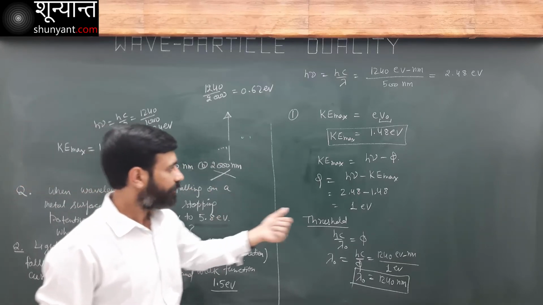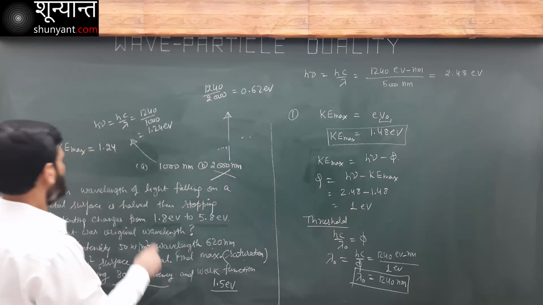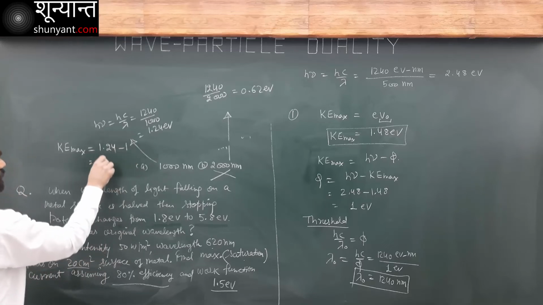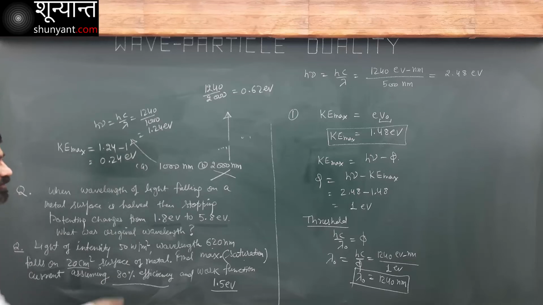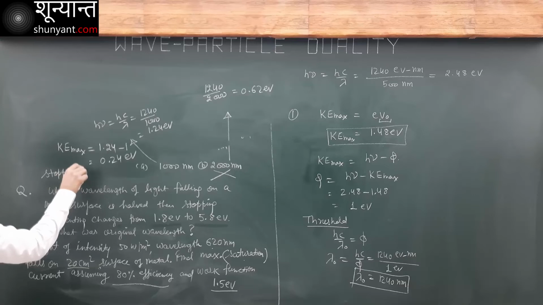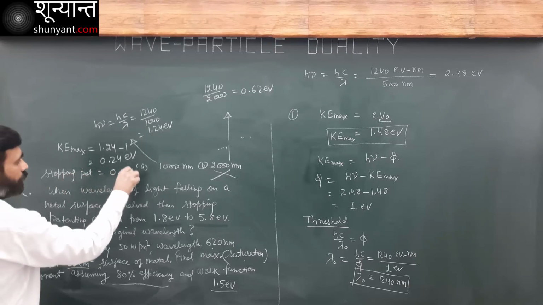Out of that, 1 electron volt will be used to just liberate it. The rest will be kinetic energy, 1.24 minus 1, 0.24 electron volt. So what will be the stopping potential? It is simply 0.24 volt.